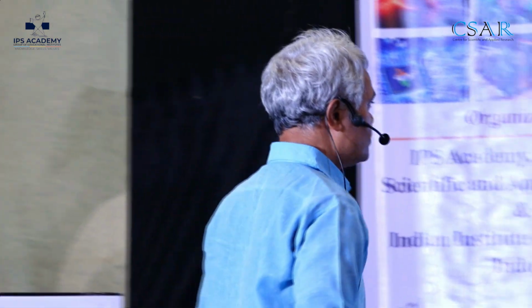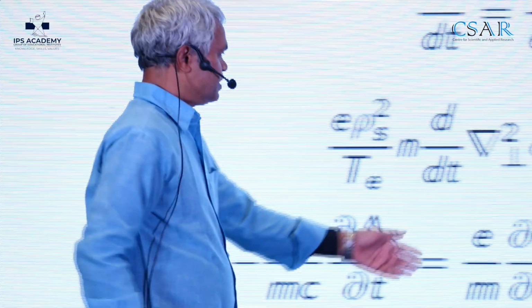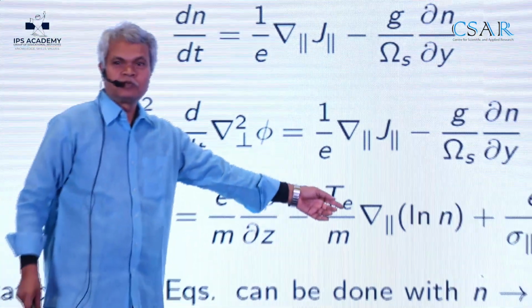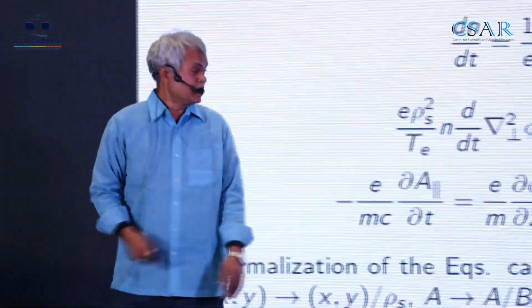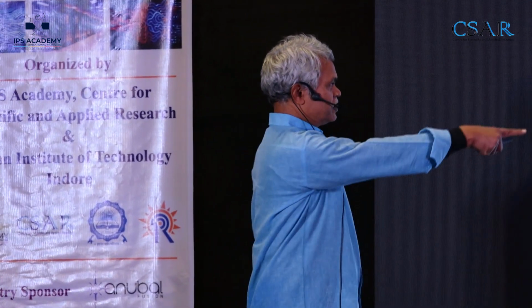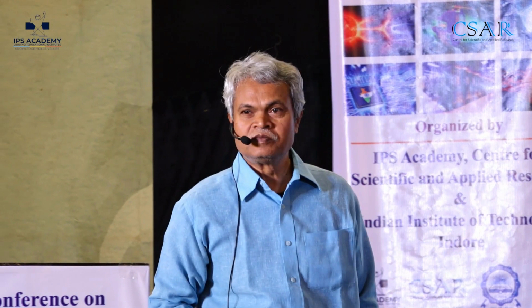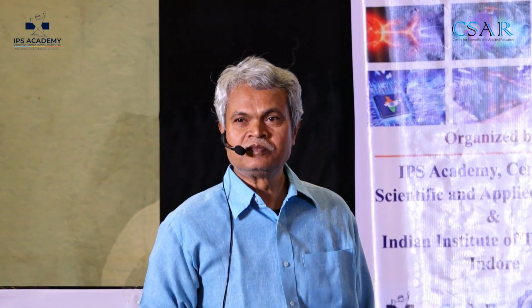But in your electric field equation, the pressure I do not understand. Go to equation 3. The gradient of pressure. What is the motivation of keeping this gradient of P for electrons? This is the electron pressure, right?